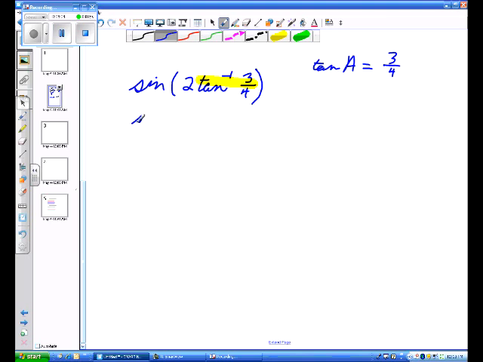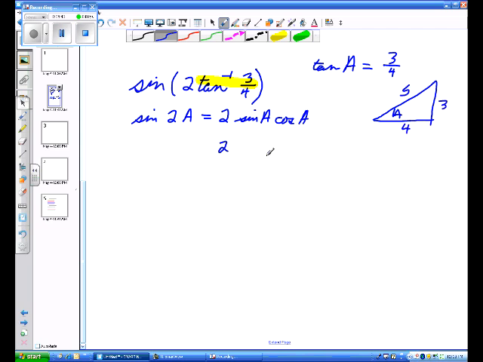So this is the same then as the sine of 2A, which we know is 2 sine A cosine A. So this would be 2. Now we're going to need our triangle. If this is A, then the tangent was 3/4, so this is a 3-4-5 triangle.